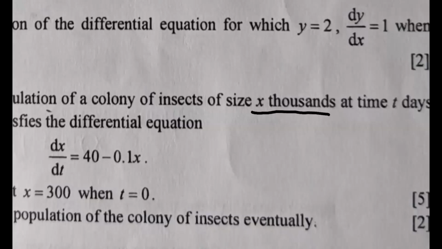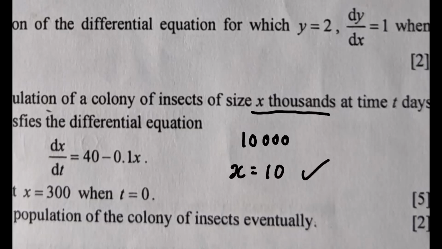If I give you, for example, 10,000, the population of the colony of insects is 10,000. Then what is x equal to? 10. Yes, very good. It must be 10. You must drop 3 zeros. Is this clear? Yeah. Okay, good. Because it's in thousands.